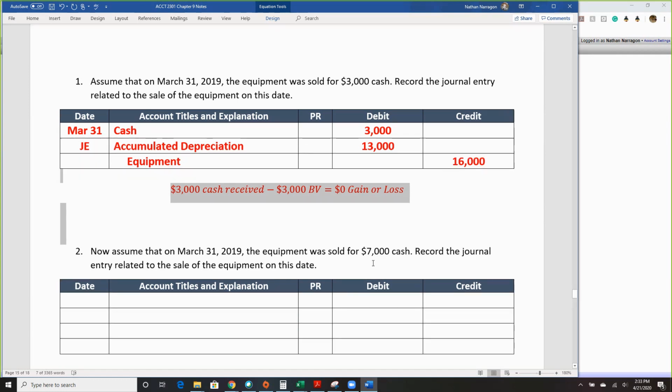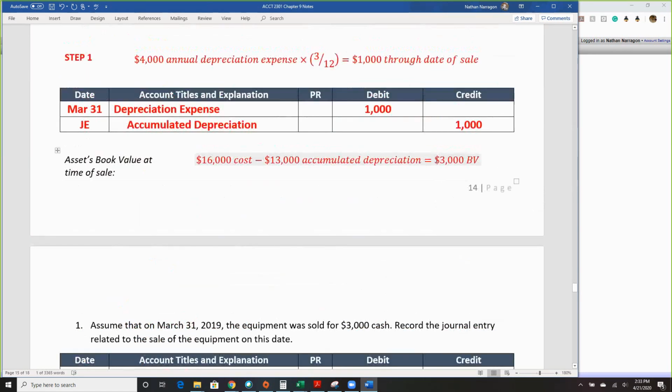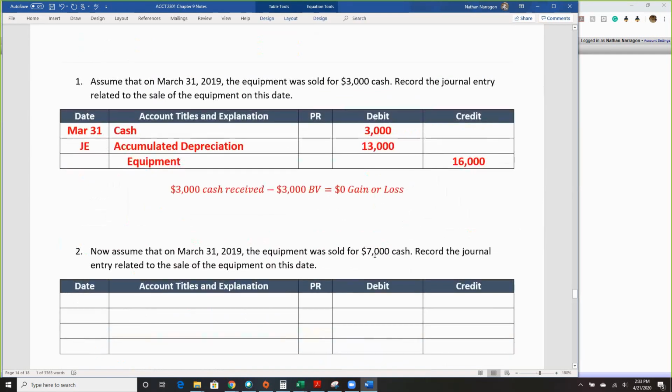Now, here you go. We sold it now for $7,000. We're going to do this. So if we look at it, book value is $3,000. Did we sell it for a gain or a loss?